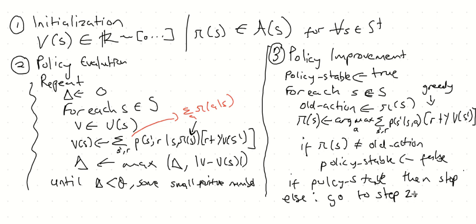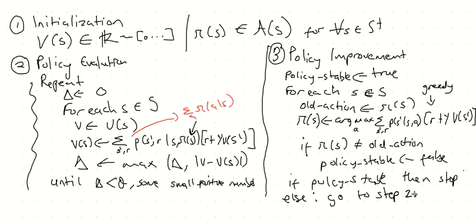So that's basically in a nutshell how this algorithm works. You start with the policy evaluation, which you already know. The policy improvement starts by assuming that the policy is stable. Then for each state, we try to make it greedy and see whether there has been a change in the new policy compared to the old policy. If there has been a change, that means we're not yet stable.